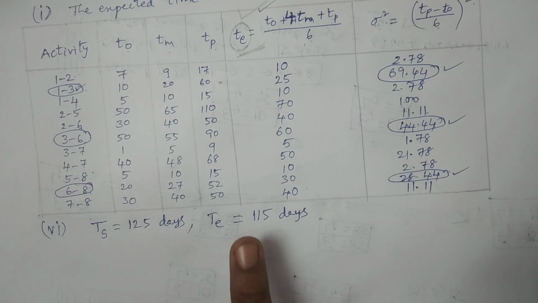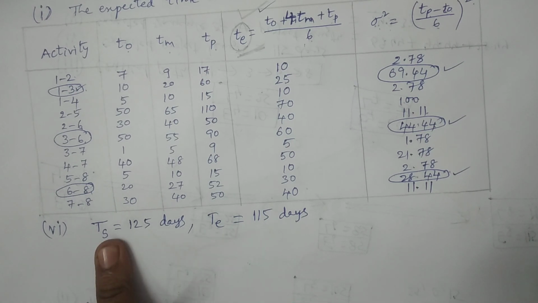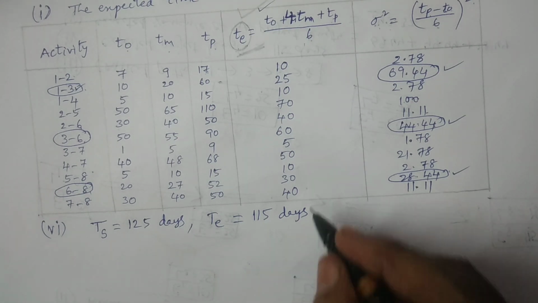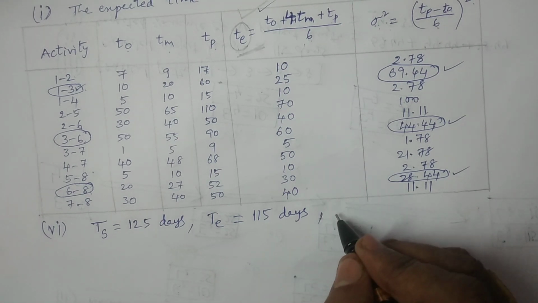This is the expected completion time of the project, called Te. This is Ts, the scheduled time, and the expected completion time is Te.